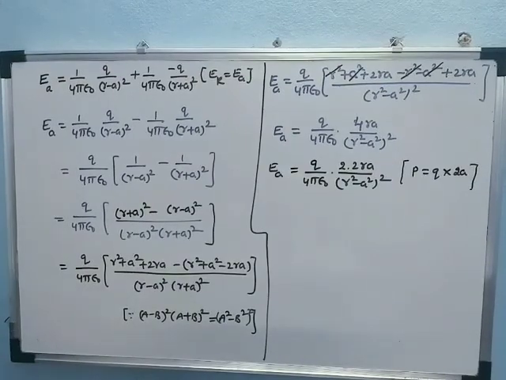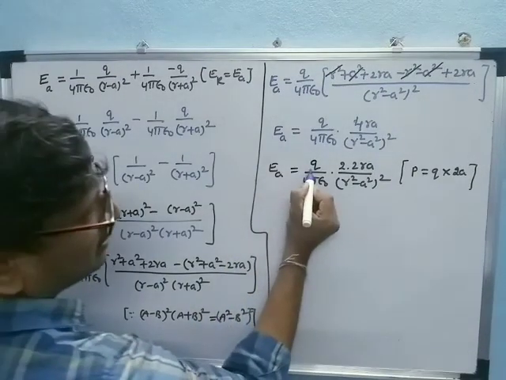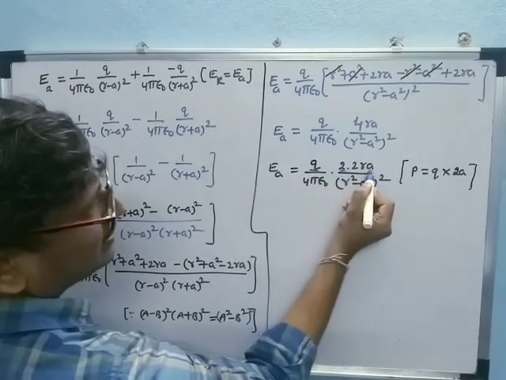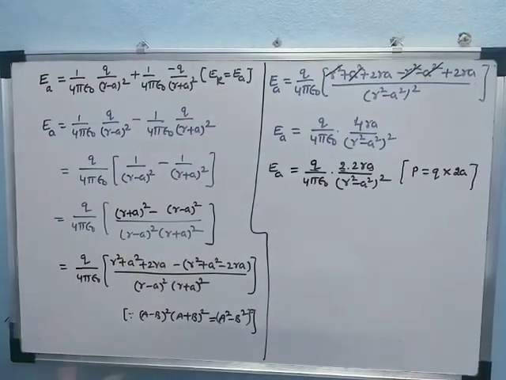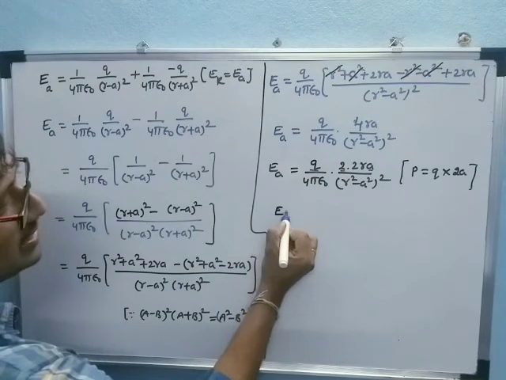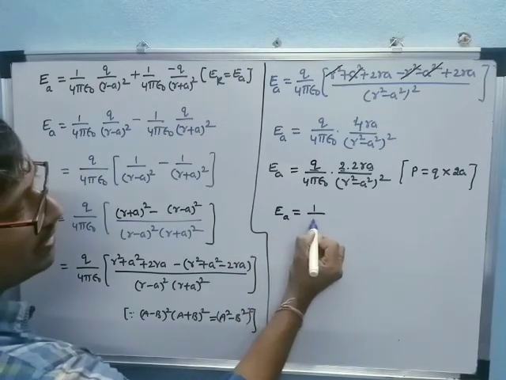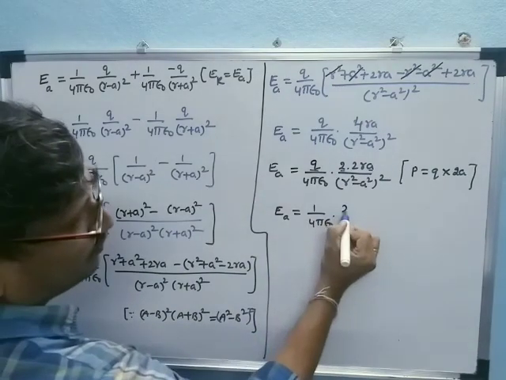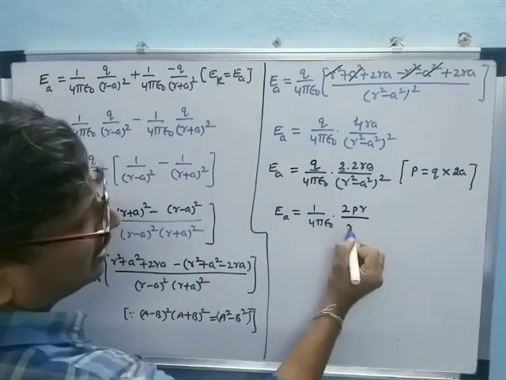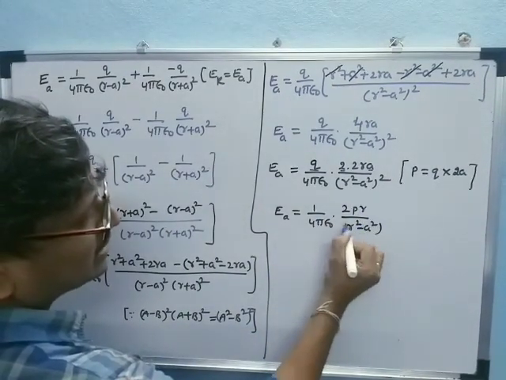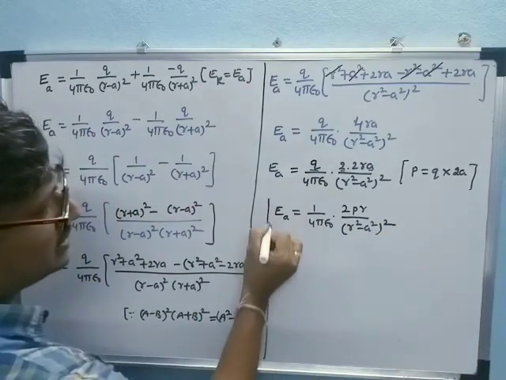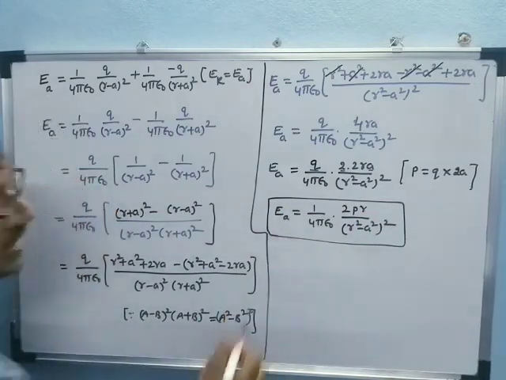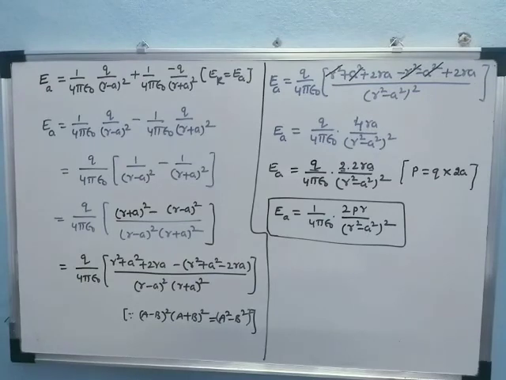Observing here, Q and 2 and A: Q into 2A is P. So E_A is equal to 1 by 4 pi epsilon naught into 2P R by (R square minus A square) whole square.